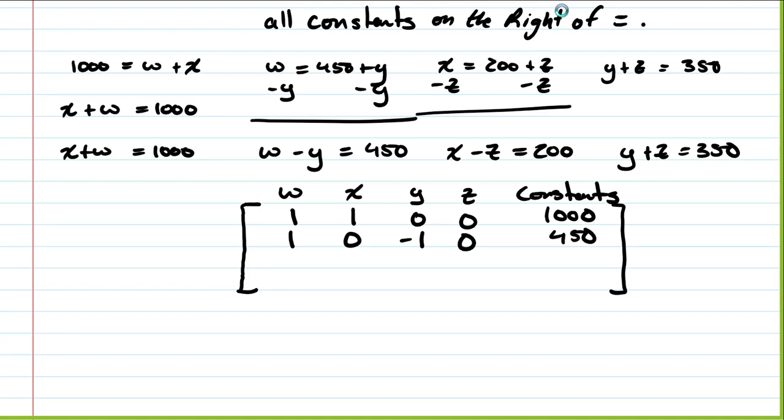I look at my third equation, I have no W's, 1X, no Y's, negative 1 Z, and that's 200. And then my last equation, I have Y plus Z equals 350, so no W's, no X's, 1 Y, 1 Z is equal to 350.